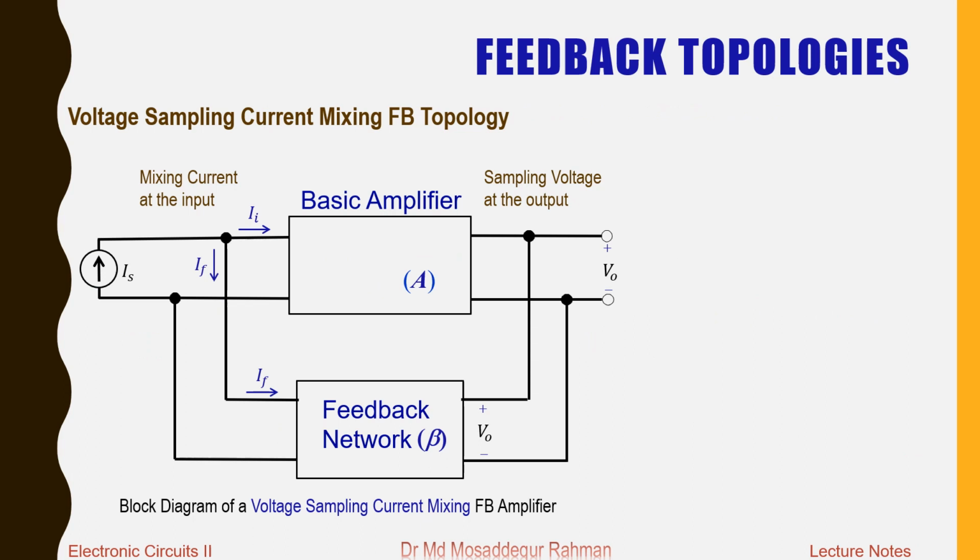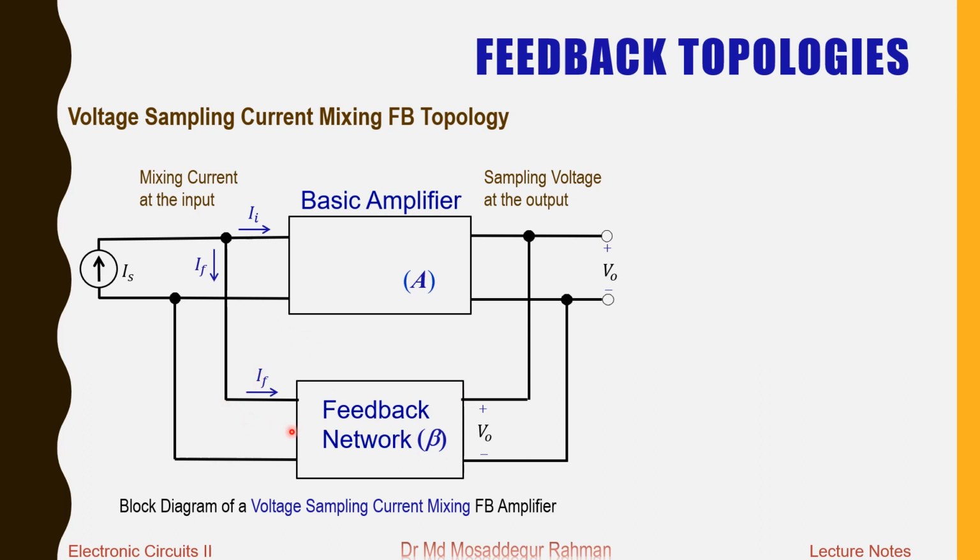Our next feedback topology is the voltage sampling, current mixing feedback topology. The block diagram here shows this topology, where it is sampling the voltage at the output side, with the same shunt connection, and mixing current at the input side.